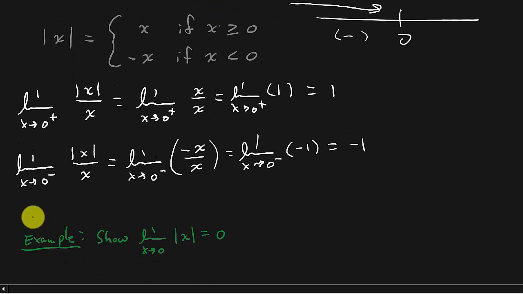So, all right, we have the limit as x goes to 0 from the right of absolute value of x over x is equal to 1, which is not equal to negative 1, which is the limit as x goes to 0 from the left.